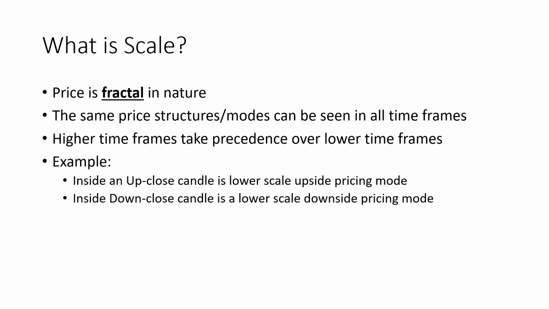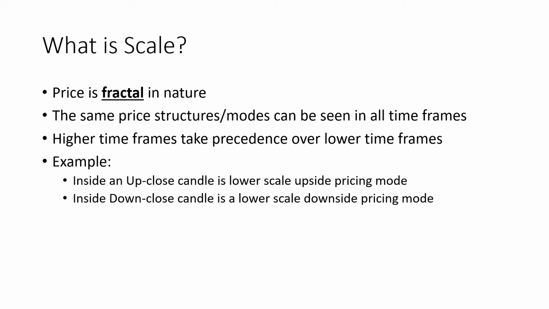So just an example is that we have an up close candle. In my case, it would be a blue candle. Let's say that's a daily candle. If we look inside that blue candle on the daily and we go to the 1 hour, the 5 minute, the 15 minute, you're going to see lots of lower scale upside pricing mode.